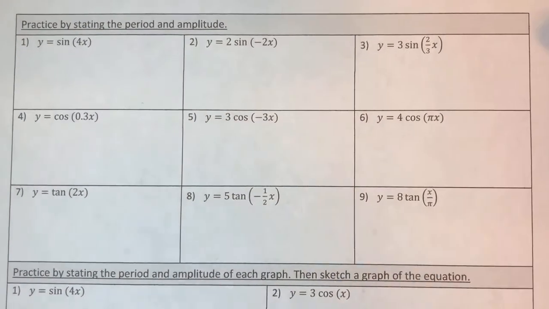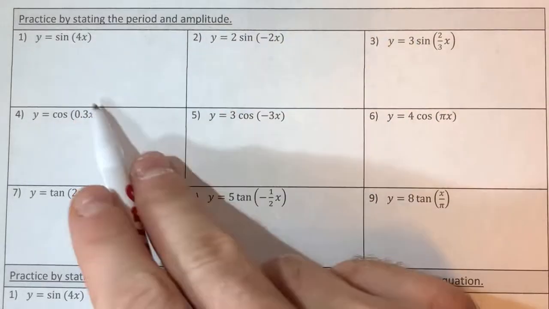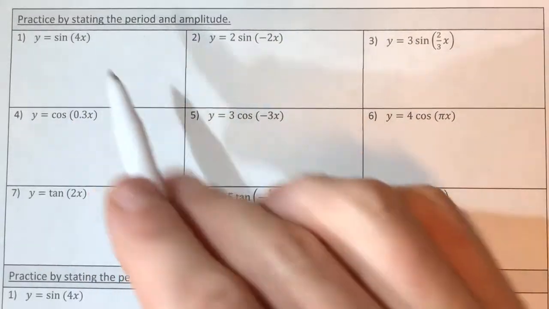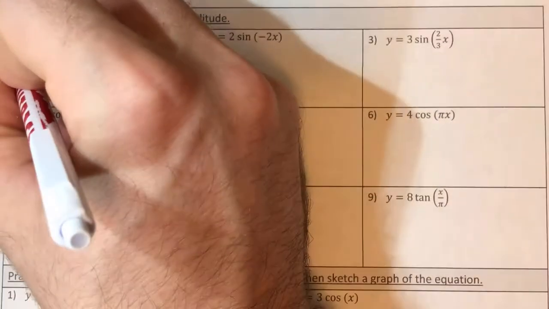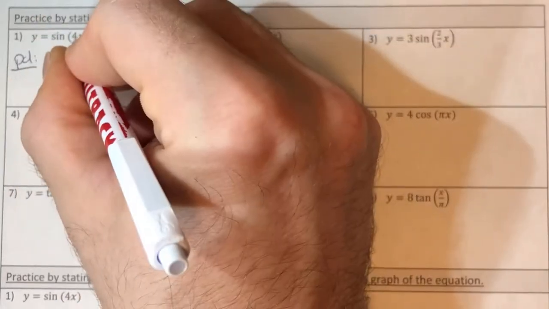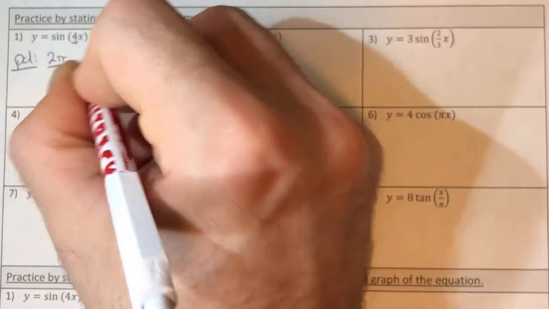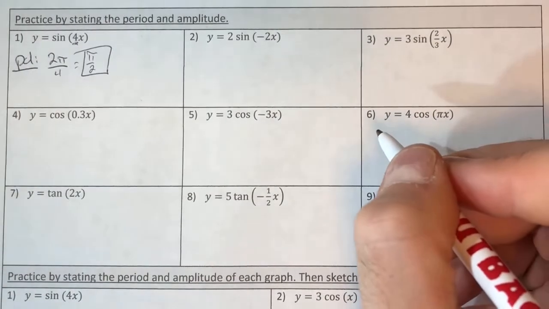For this section, what we're going to be doing is finding the period and the amplitude given just the equation, because the idea is we want to eventually be able to graph these, so I need to know the period and the amplitude. So for sine, I know the period is going to be 2 pi divided by b, which is 4. And I'm just going to reduce that, which ends up being pi over 2. And that's my period.